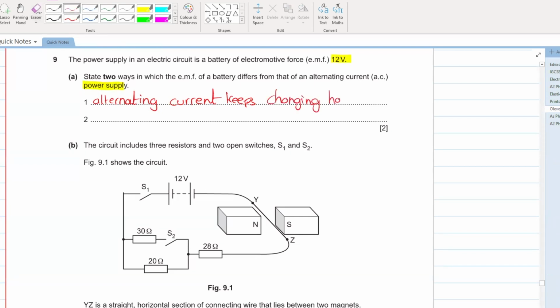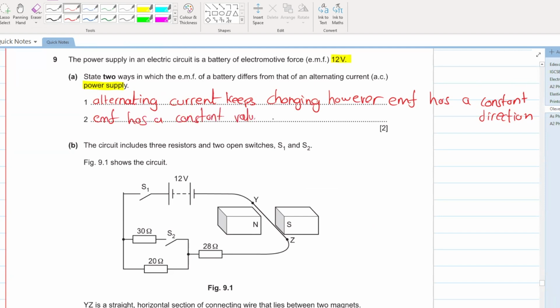However, EMF has a single direction or a constant direction. Simple. Constant direction would be better in my opinion. Okay, what could be the second difference? EMF has a constant value.